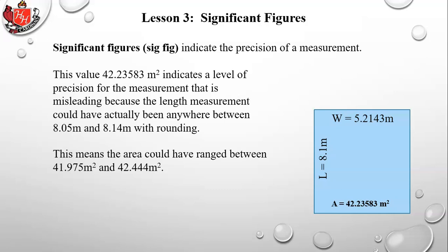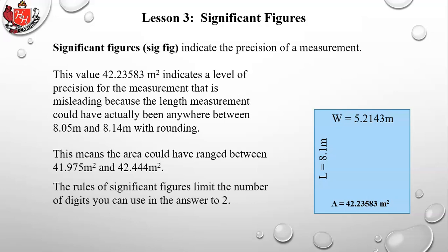And if we had multiplied the width 5.2143 by 8.14, we would have gotten 42.444. So that's a not insignificant range of numbers that the actual area of that room could have been.